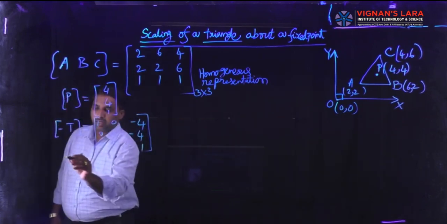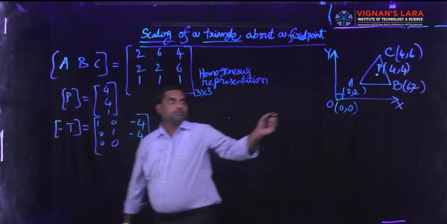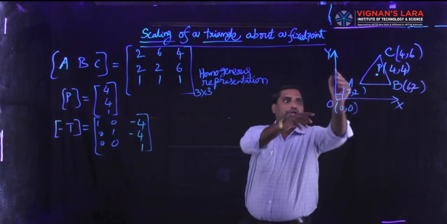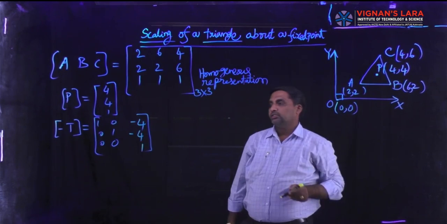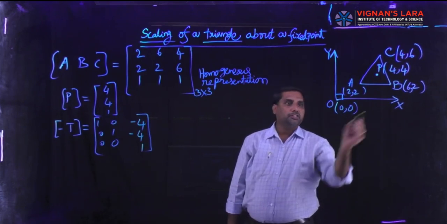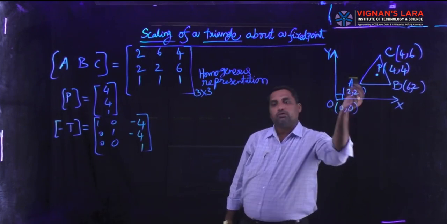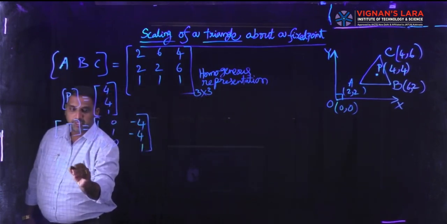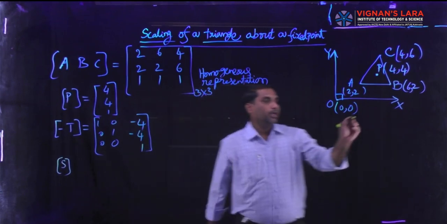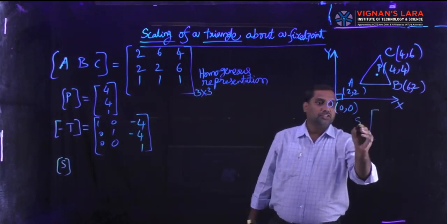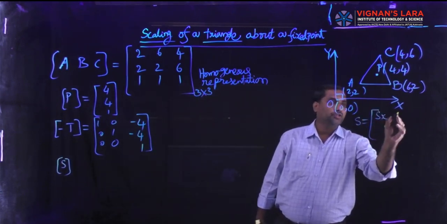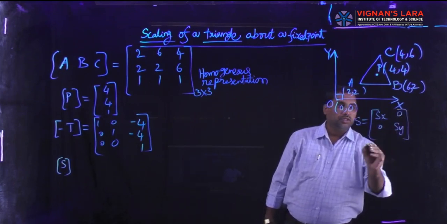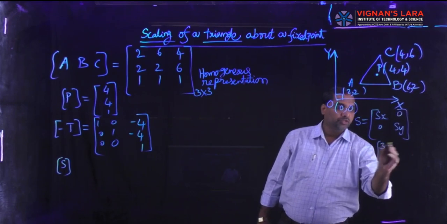What about the next step? After the point is translated to the origin, all the coordinates are changed. Now we have to scale this triangle with respect to that point P, now at the origin. So now we need the scaling matrix. S equals Sx 0, 0 Sy, which is 3 0, 0 3.